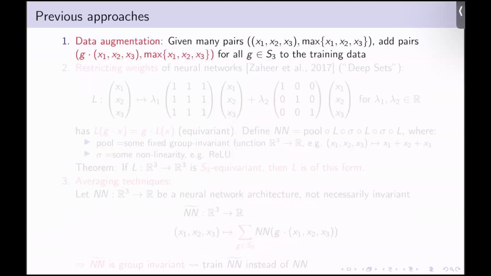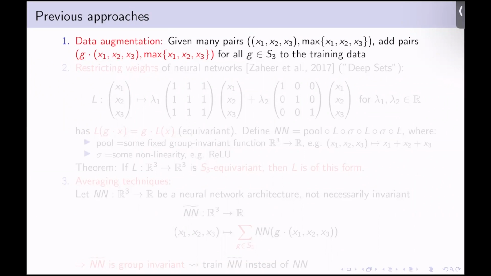So I start with a brief bit of history. So that's previous approaches to group invariant machine learning. So if you don't know anything about the topic and you were given the task to learn a group invariant function, what you would probably come up with is data augmentation.